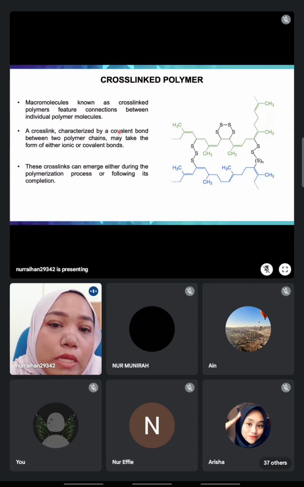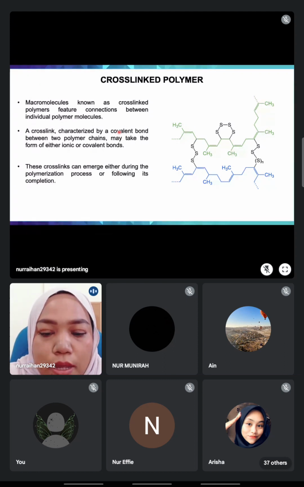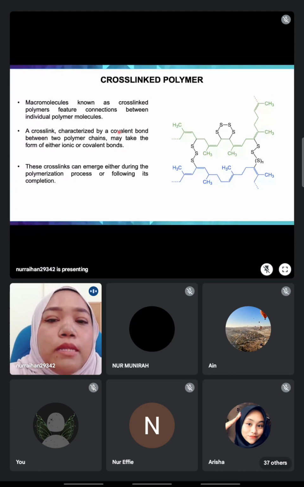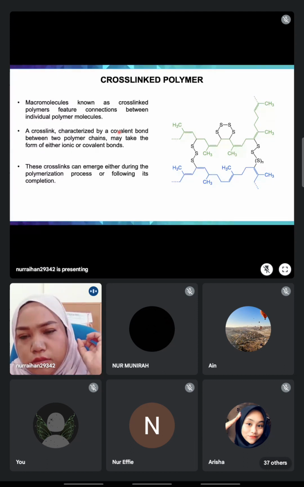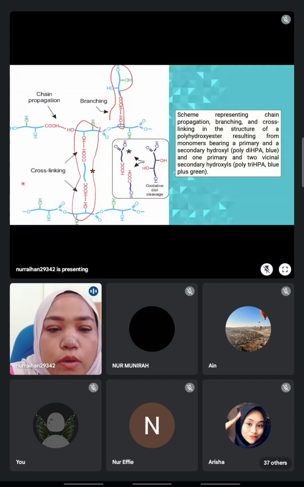That's why in the crosslink polymer, the bond cannot be broken. So once you dah polymerizekan dia, you dah crosslinkkan dia, polymer awak tak boleh nak melt lagi dah. So that is a property for the crosslink polymer, and it does not only occur in the natural rubber. Contoh yang you lihat tadi, this one occurs in the other polymers as well.